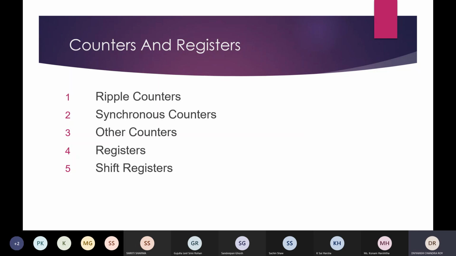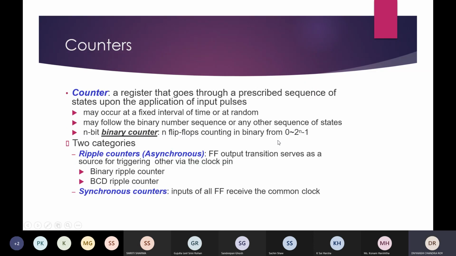Now the counters and the registers. We will be seeing ripple counters, synchronous counters, and a few other counters. Then we will see registers, shift registers, then universal shift registers. Basically, a counter is a special register that goes through a sequence of prescribed states on the application of a clock signal.